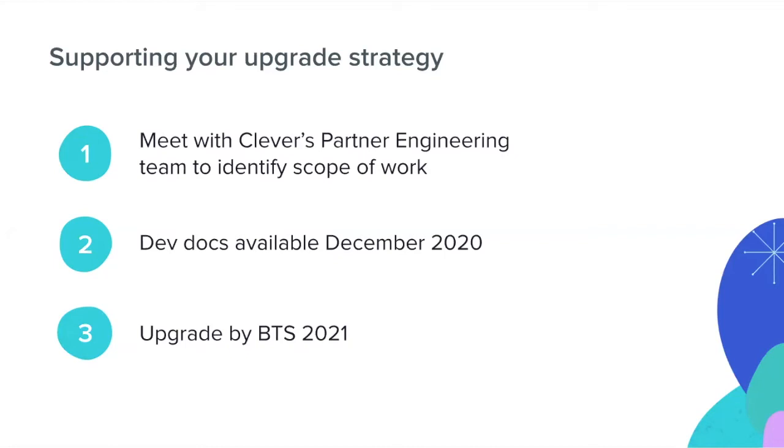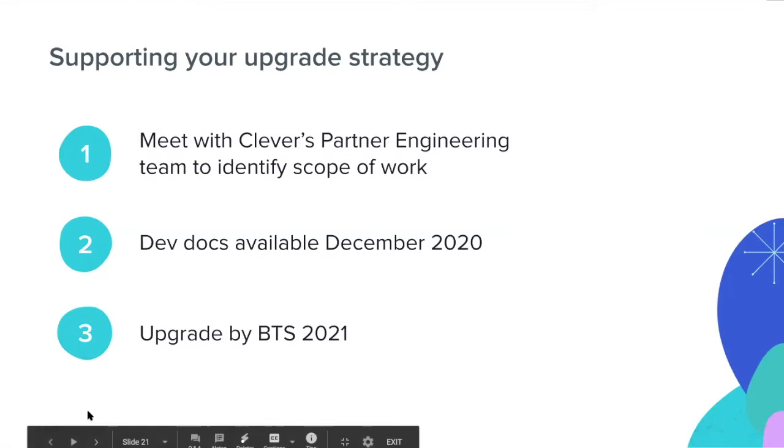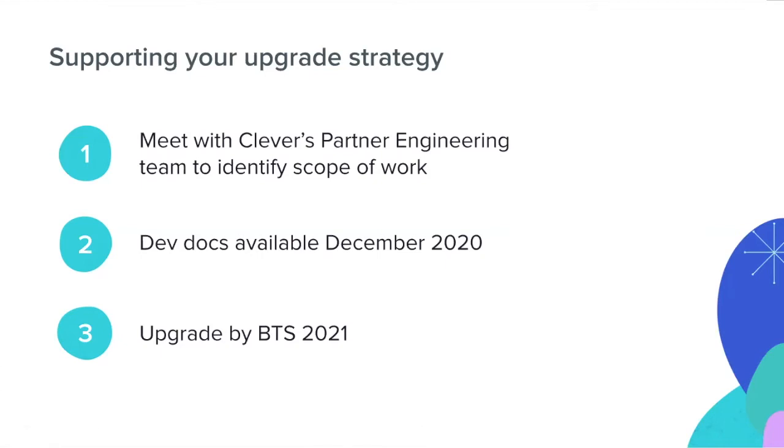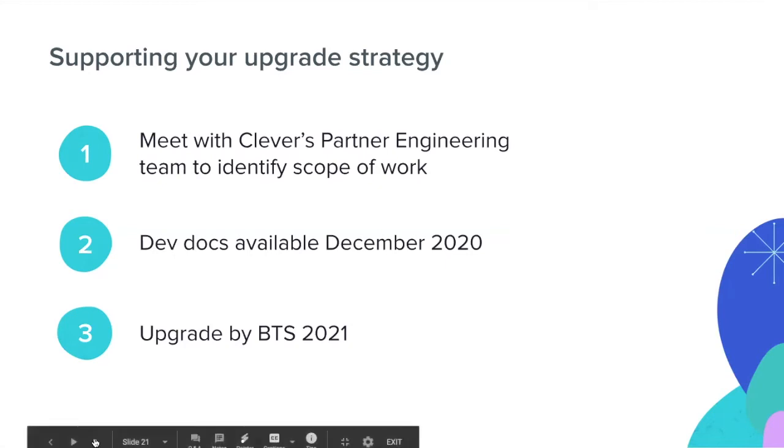We encourage you to schedule time to meet with Clever's partner engineering team to identify scope of work so that once the dev docs are available in December, your teams are going to have good visibility into the work required and can factor that into your product team's roadmap as needs be. With all of this proactive planning, we are really hoping to support you all in upgrading before back to school 2021.